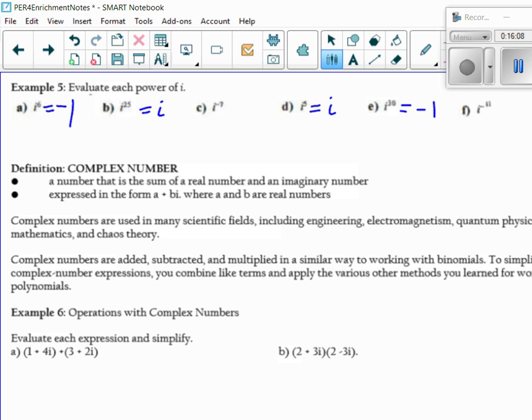So it's the same thing. i plus i would give you 2i. i times i would give you i squared, which is equal to negative 1. Thank you. Okay, so all these things can have the same operations, and then you just do the last little bit with changing the i squared to a negative 1, etc.